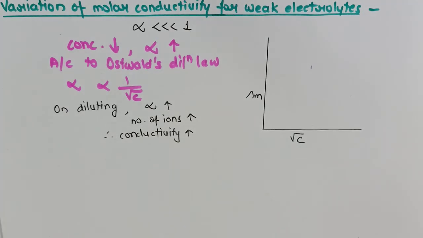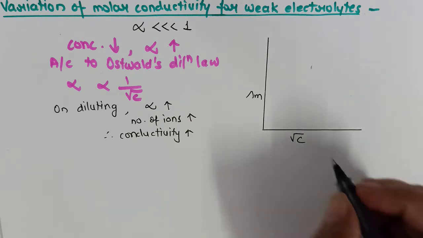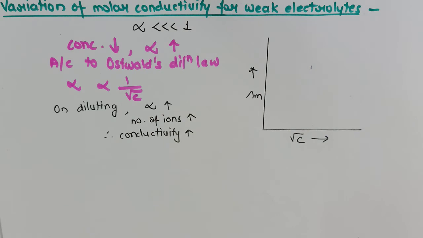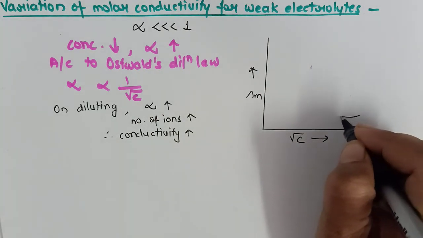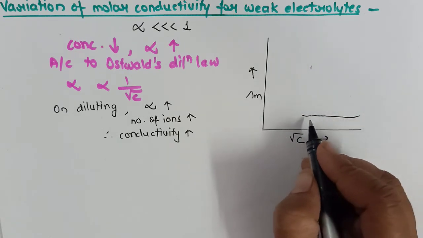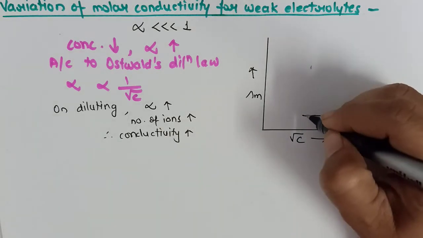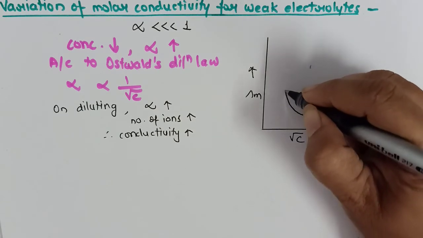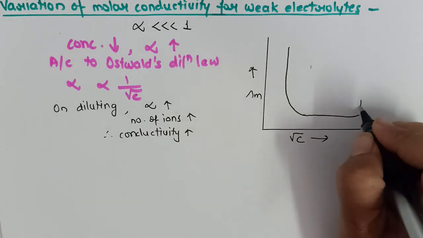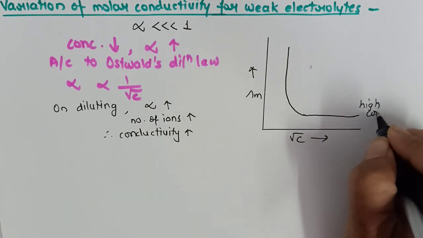Again, we'll take the same coordinates on x and y axis, root C on x axis and molar conductivity on y axis. As we go on diluting, as we go on decreasing the concentration, slowly the dissociation will increase, and therefore molar conductivity will go on increasing. So we can say this part is a high concentration one.